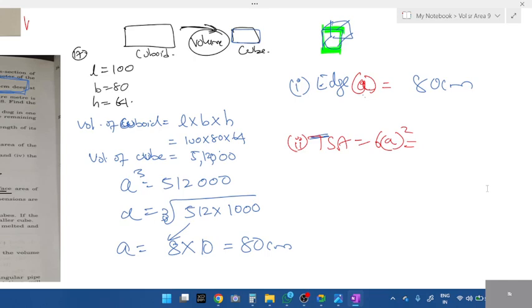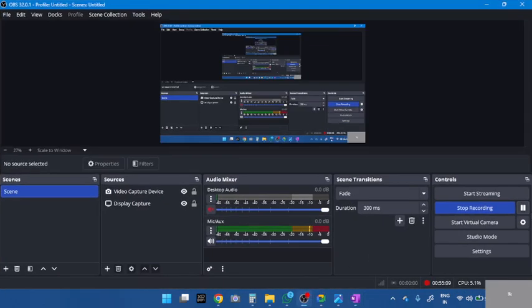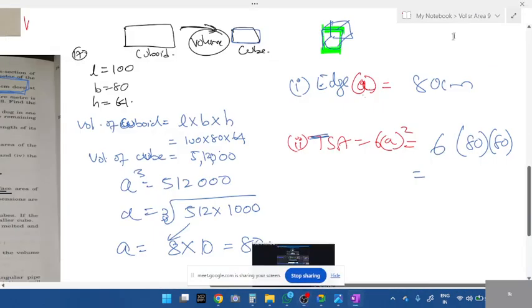Fine, students. Complete this. 80 and 6a square. 6 into a value. A value is 80 into 80. Right? After that, what you'll do?